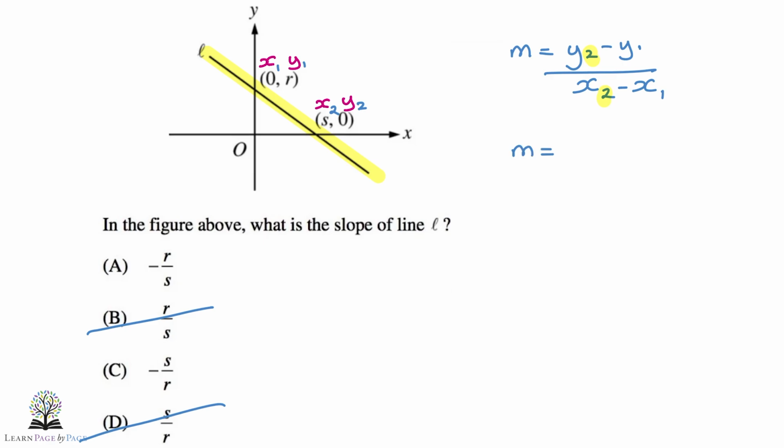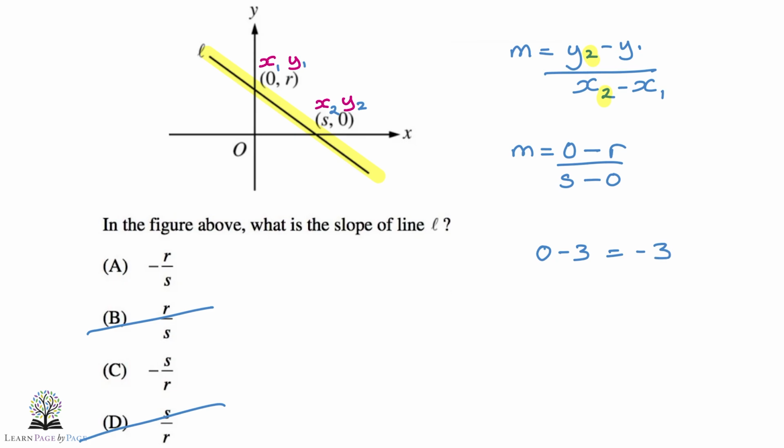And y2, we decided that was going to be 0, minus y1, that's R, divided by x2 minus x1. So x2 is S, and then x1 is 0. And don't worry about these being letters. You treat them exactly the same as if they were numbers. For example, if we had 0 minus 3, that would give us negative 3.